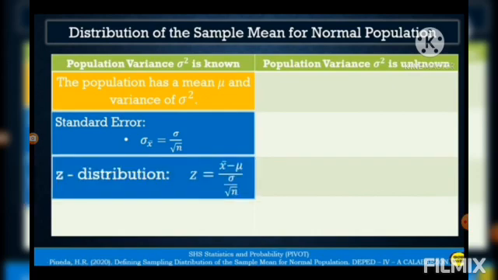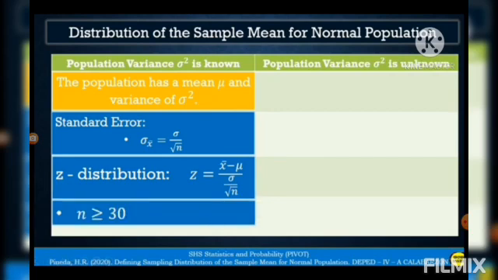In this distribution, z equals x̄ minus μ over σ over √n, the variance of the sample mean for a normal population. So that is the formula of the distribution of z.